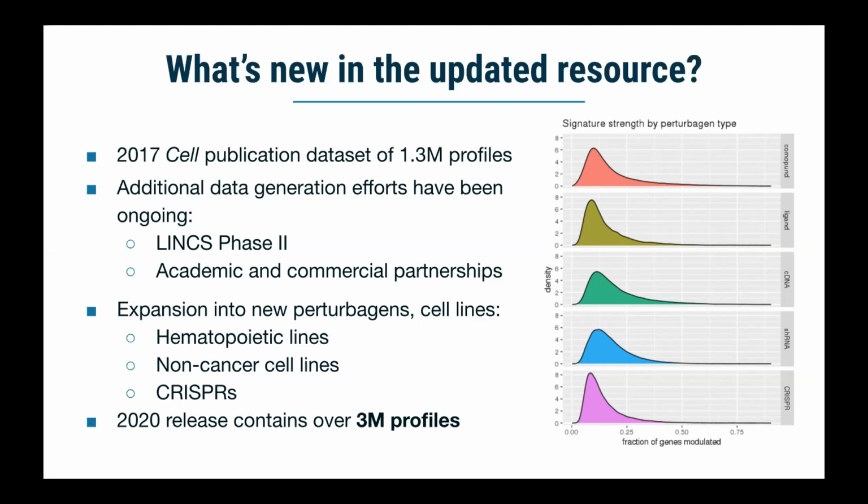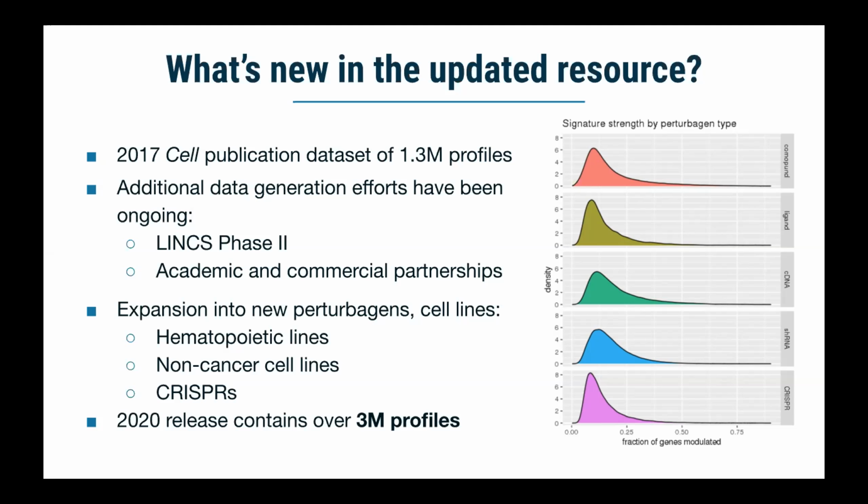And as I was saying, that release now is over 3 million gene expression profiles and a little over 1 million signatures when you look at replicate collapsed signatures. And so this plot on the right just gives a very, very high level overview of some of the characteristics of the data. These are distributions of the signature strength in terms of what proportion of the landmark genes are significantly modulated by a certain type of perturbation.